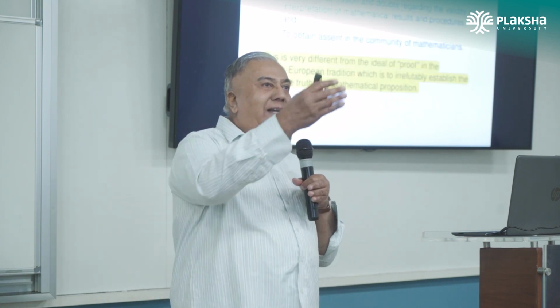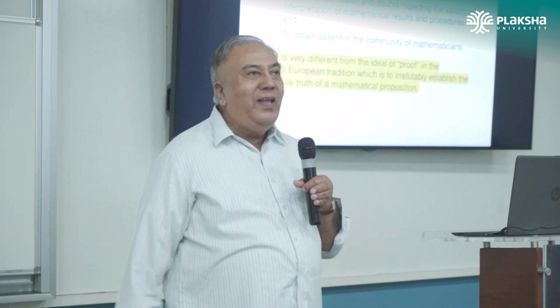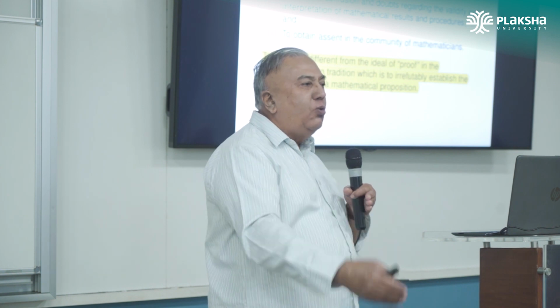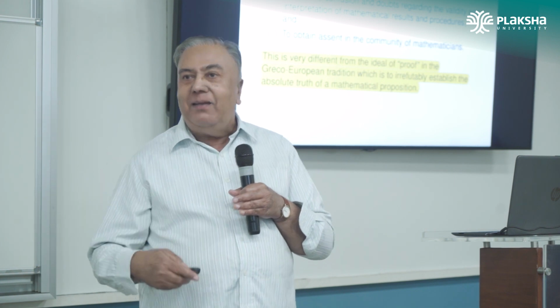The crucial thing is there is no statement saying a proof is something, after all, we write quod erat demonstrandum below every proof, that it is supposed to provide an irrefutable justification of the absolute truth of the statement that you are making. Such a claim was not the ideal of Indians, even in mathematics.